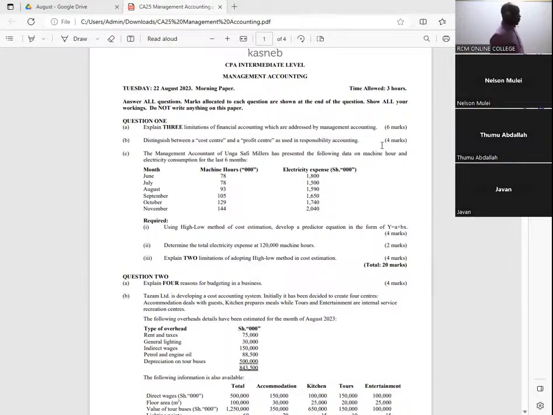Okay, so if you look at that particular paper, we want to analyze and understand which topic they were testing, which concept they were testing. Just allow me 2 minutes to take care of something here.